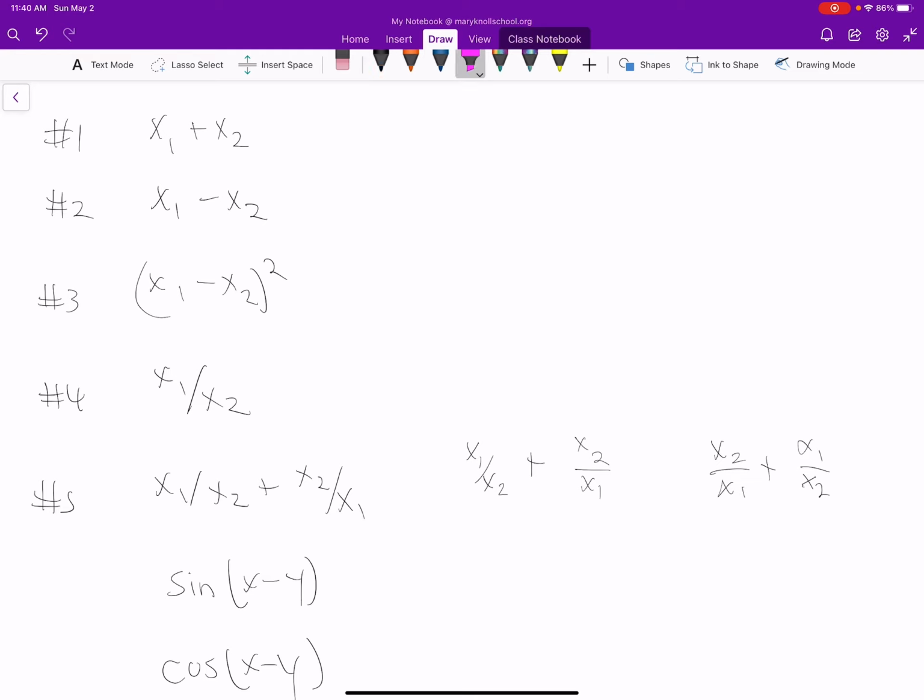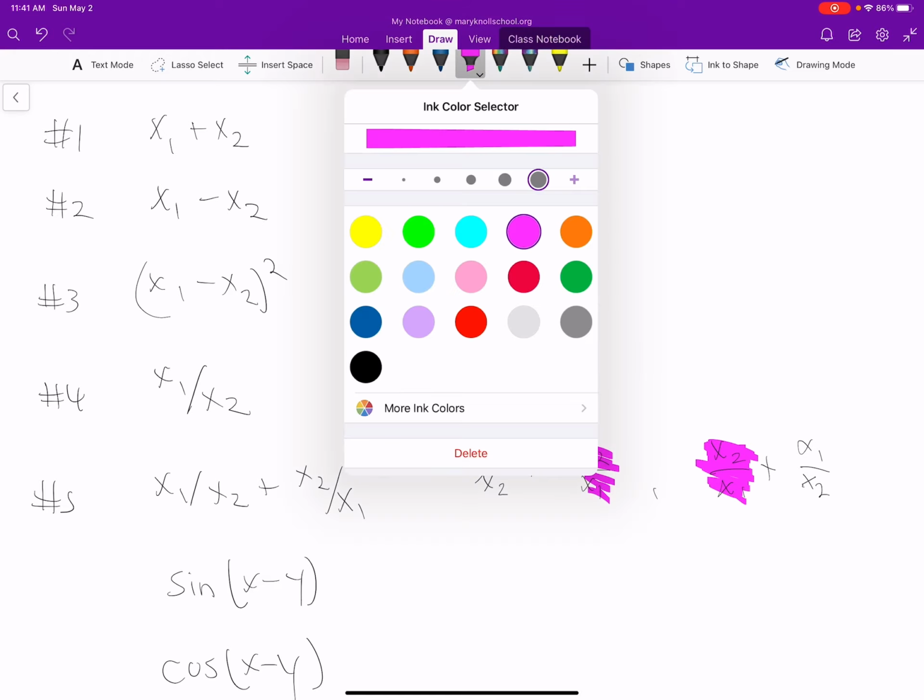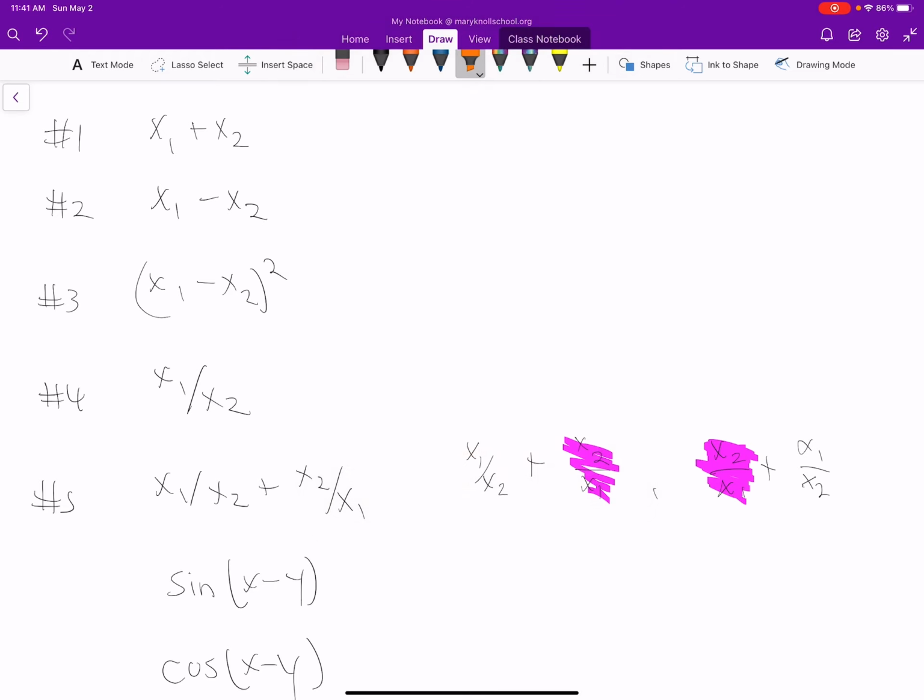And notice that here's x2 over x1, x2 over x1, and then here we can get x1 over x2, x1 over x2. So if we had a negative here, then I believe that we could have two distinct variants. However, that's a positive number, so I think it's only going to be one distinct variant. All right, so one distinct variant for number 5.